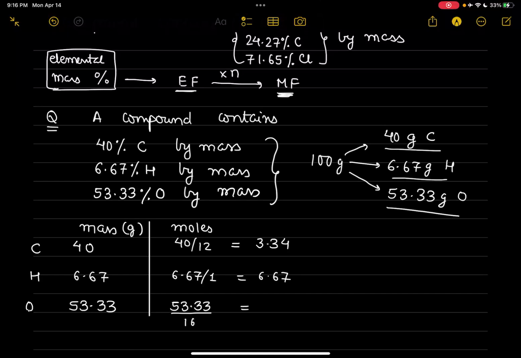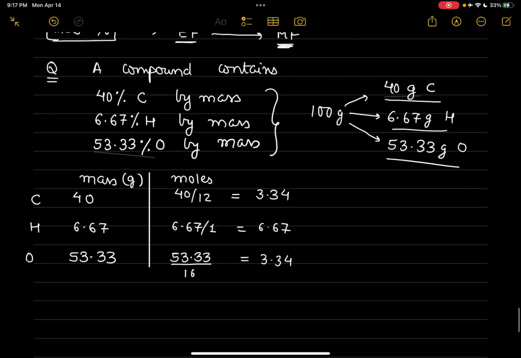And what value are you getting for oxygen? 16 into 3 is 48. Clear? Are you getting these values?